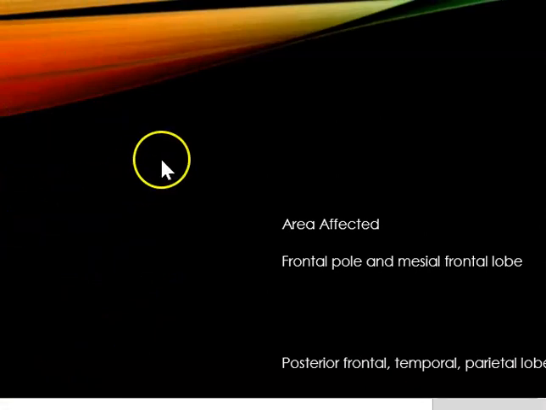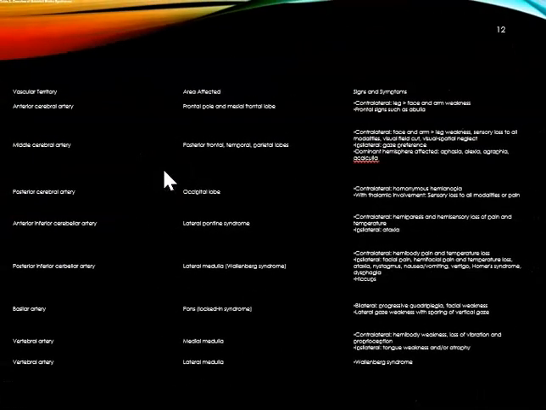When I'm testing you on these, I'm not going to be testing you on, oh, are they going to have a stroke in the pons and what kind of effects is that going to be? No, that's not going to happen. This is good information to know, especially if you plan on being a neuro nurse someday, but this is not going to be expected at your level, so we'll just skip it.